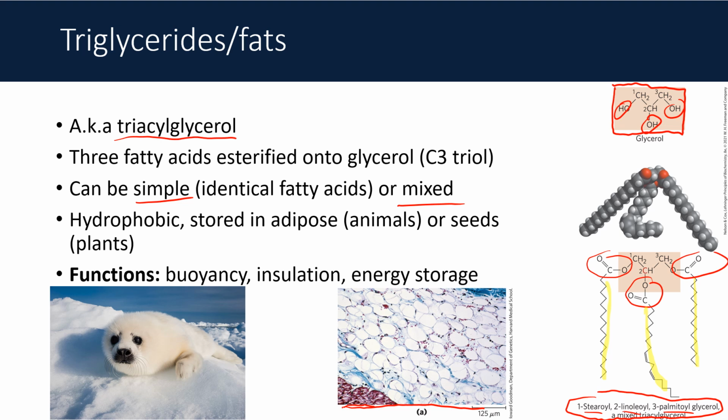Now, in the case of plants, they don't have adipose tissue, but instead they usually reroute any synthesized lipids into the seeds, for example, seeds and nuts, because those are going to require lots of energy to fuel germination once they're planted. So that's why peanuts, walnuts, sunflower seeds, they're all rich in triglycerides and calories, for example.